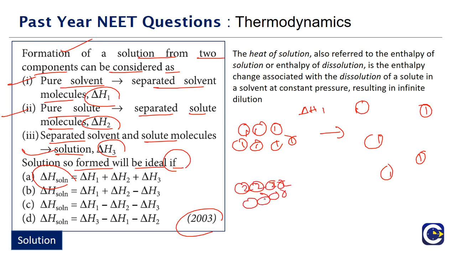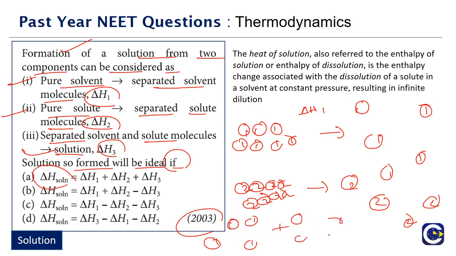The 2 particles, 2 we can take as solute. They get separated. Now what is the third stage? The separated 1 particles and the separated 2 particles, they will form a solution. That is delta H3.